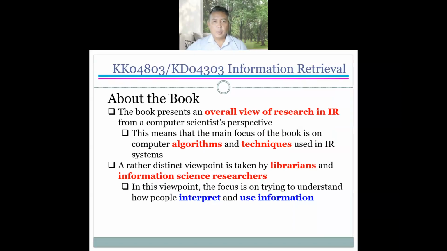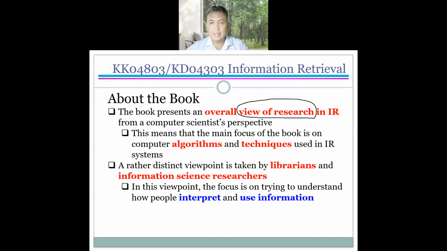Okay. About the book, it presents an overall view of research. So mainly what we will be studying in this course will be dealing with research. Mainly in this course, you will be solving problems. I will not ask you about the definition. I will not ask you an essay question about what is best, which one is good.